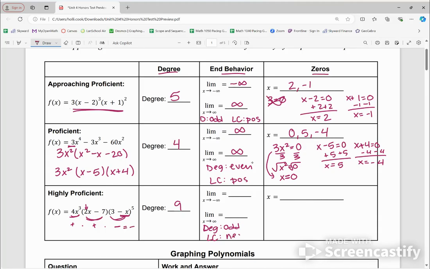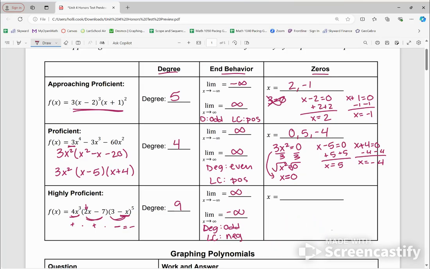So that means our leading coefficient is going to end up being negative. Since we're odd, again, we have the two opposite directions. This one is positive and this one is our negative, so we're going to use that one. So on the left side, we go up to positive infinity. On the right side, we go down to negative infinity.